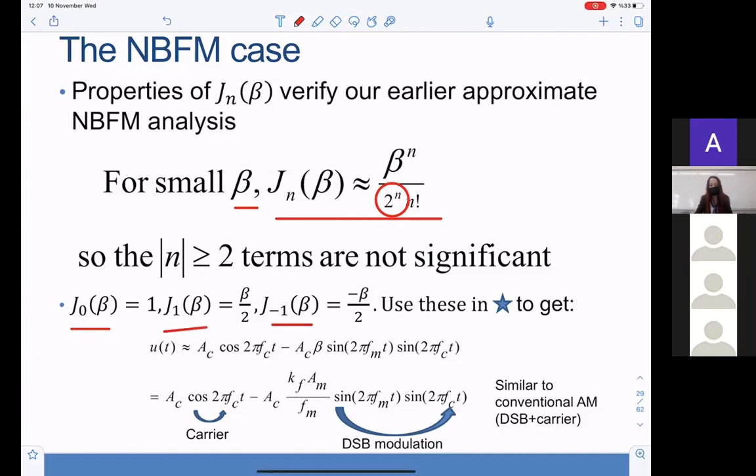And notice that the Bessel function has a symmetry property such that Jn and J minus n are either equal or there's a minus 1 multiplication, depending on whether n is even or odd.